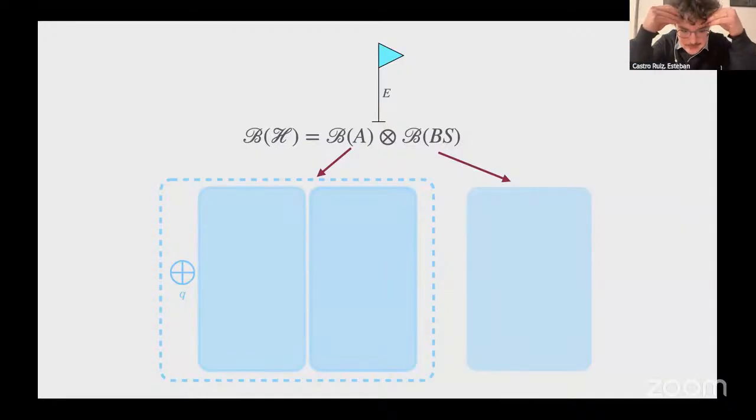In technical words, it carries the regular representation of the group G. This is why I wrote it with a direct sum over Q's. Q's are the irreducible representations of the group G.